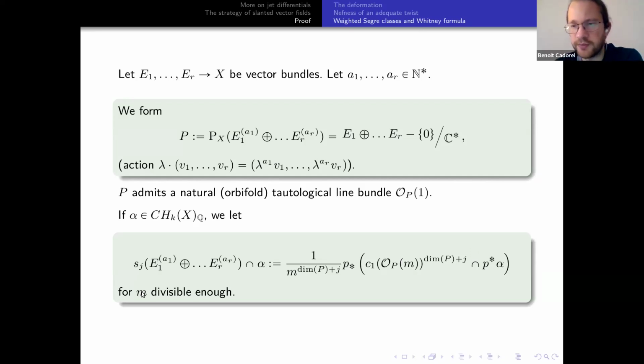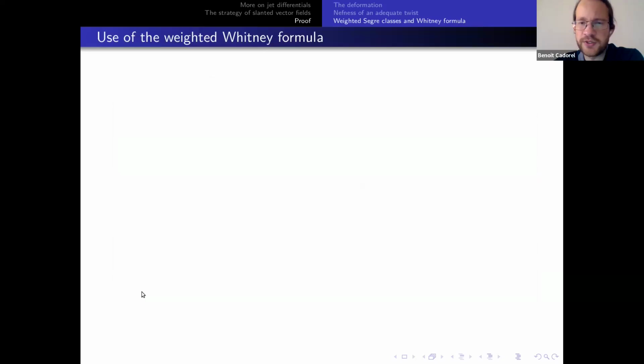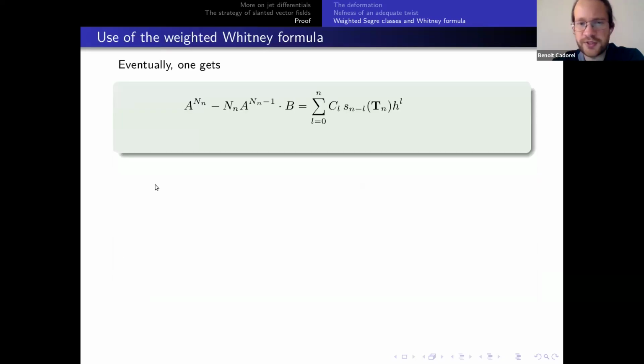So I wrote it for M divisible. Okay, and so in the end, as I said, you may rewrite your A to the maximal power using some Segre classes as before.